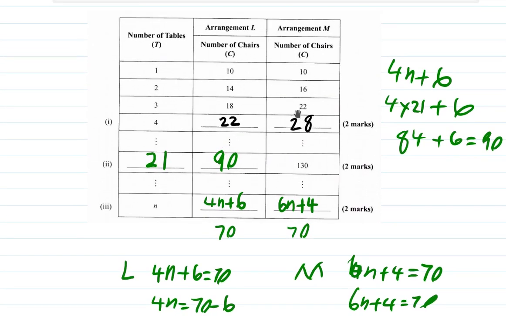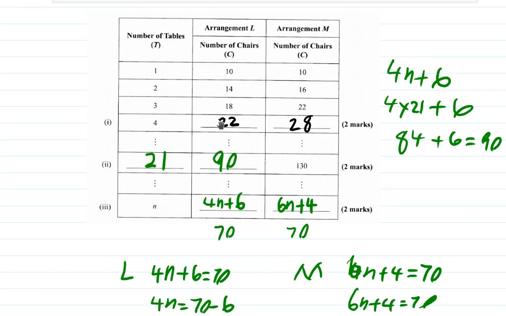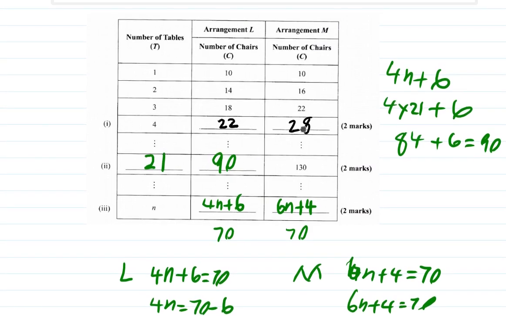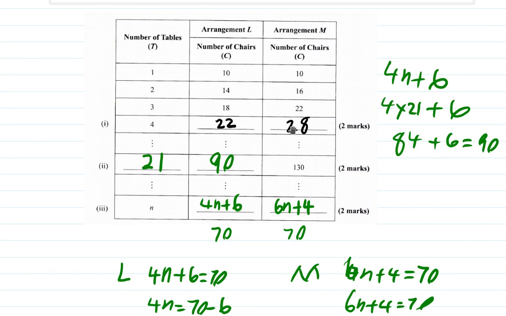You might be confused looking at these and say M is larger than L, so it should be L. But remember, these are the number of chairs, so you can't do that.